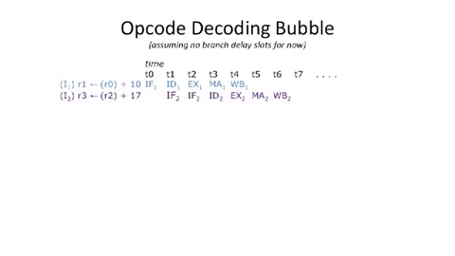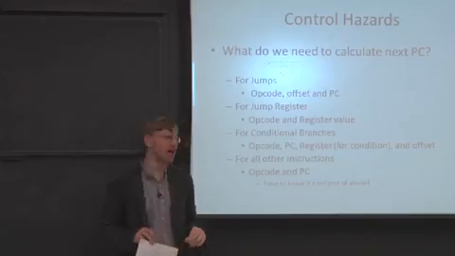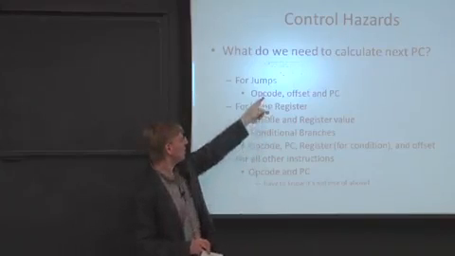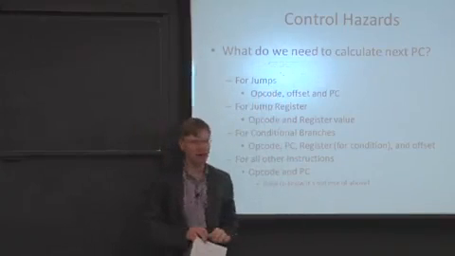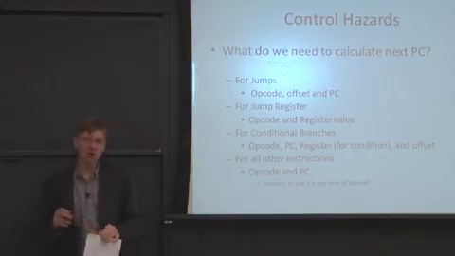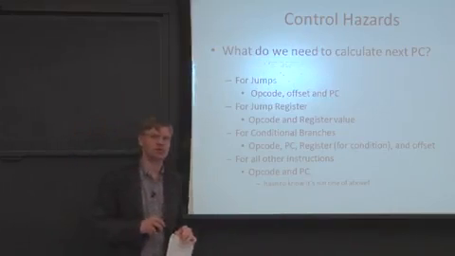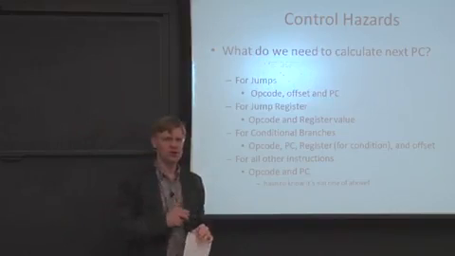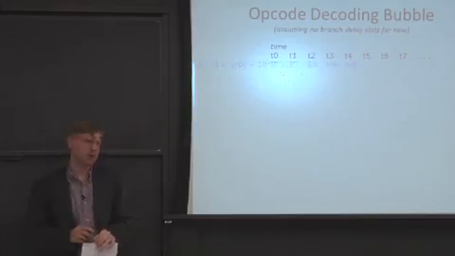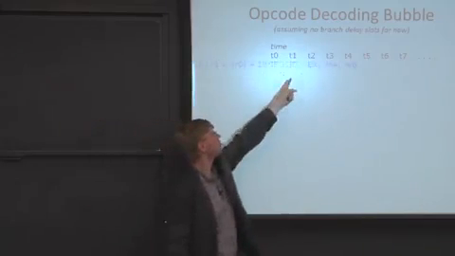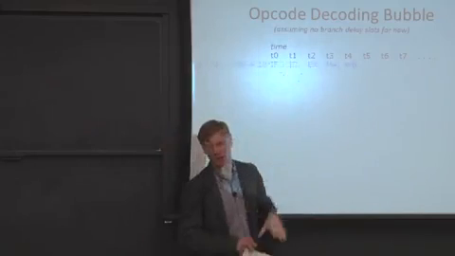So going back to this example here, one thing that's common through all of these different cases is they all need to decode the opcode. Well, where do we do the decoding of the opcode? We don't do that until the decode stage of the pipe. So we don't do that until here.